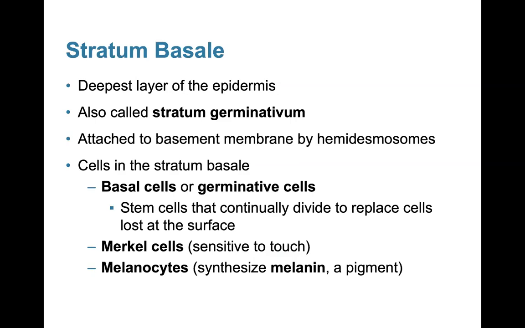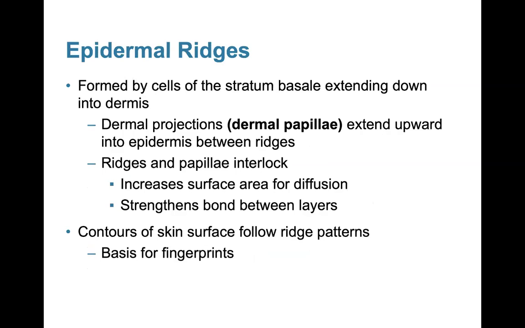So you have the stratum basale again. One thing to mention about the stratum basale is you will see epidermal ridges. These are formed by cells of the stratum basale extending down into the dermis. The dermal projections or dermal papillae extend upward into the epidermis between the ridges. The ridges and the papillae will interlock, increasing the surface area for diffusion and also strengthening the bond between the layers.